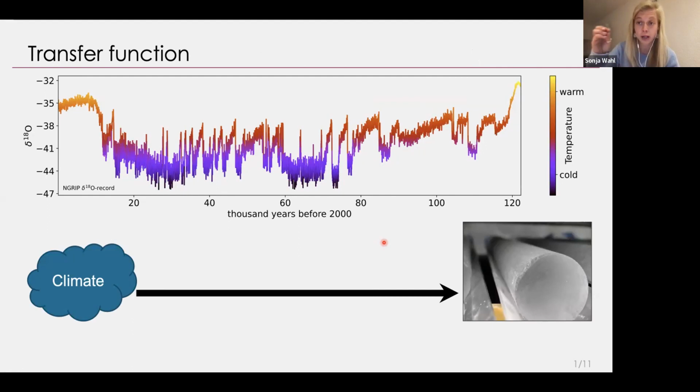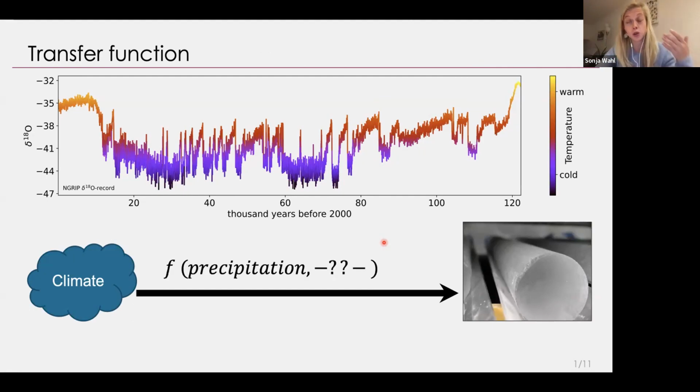For stable water isotopes in particular, it's very common knowledge that the precipitation input signal, so the snowfall that brings in the stable water isotopes, is a big part of the transfer function. But the question is if this is really the only governing parameter of this transfer function between climate and ice core signal.